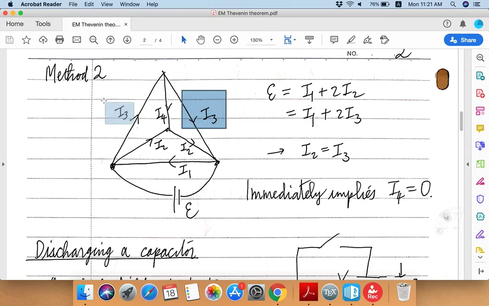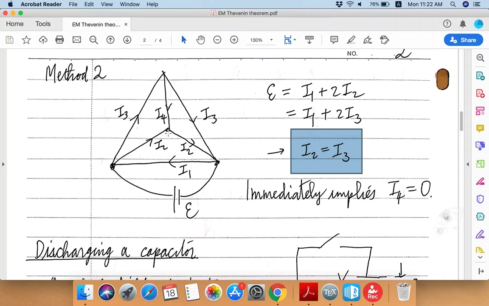So by a simple symmetry argument, you must conclude that there will be the same amount of current flowing along this edge as along this edge. Okay, and then we just proved also that these two currents have to be the same. So this current is the same as this current.